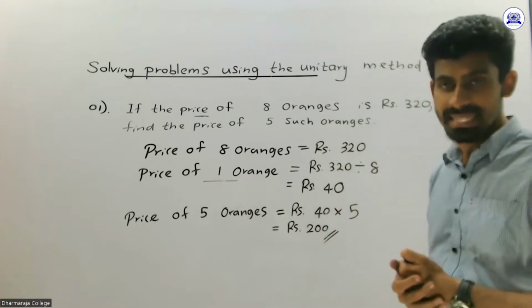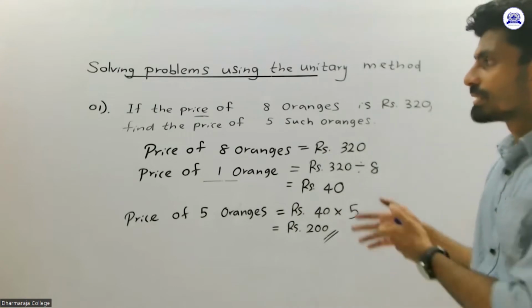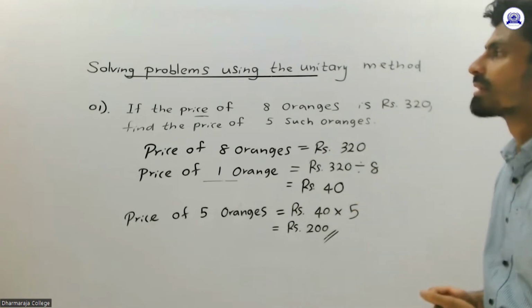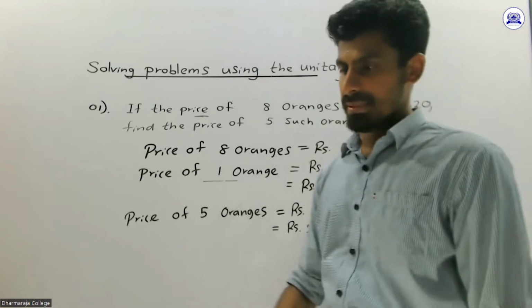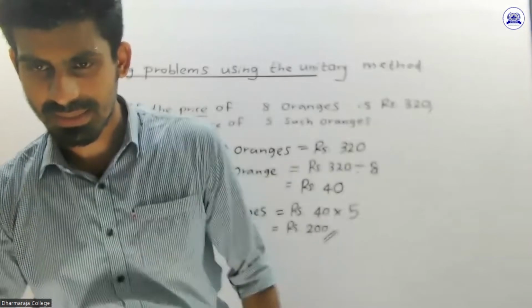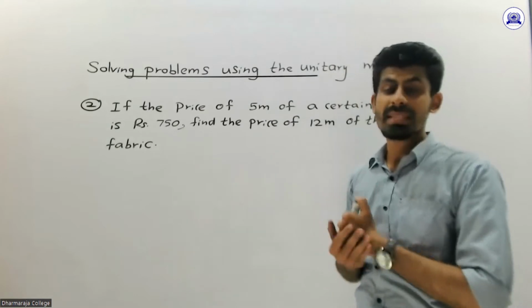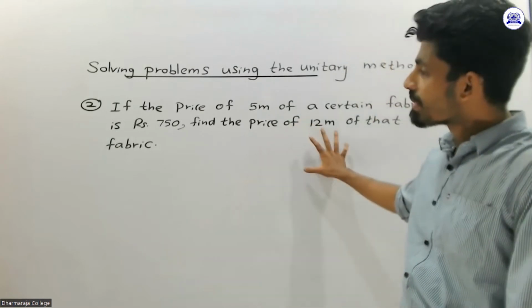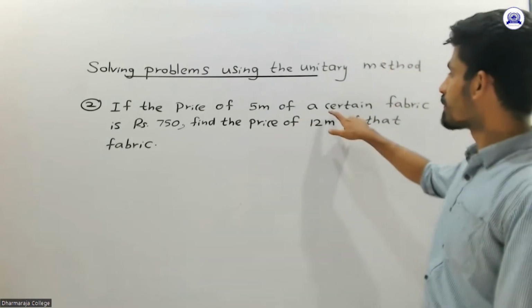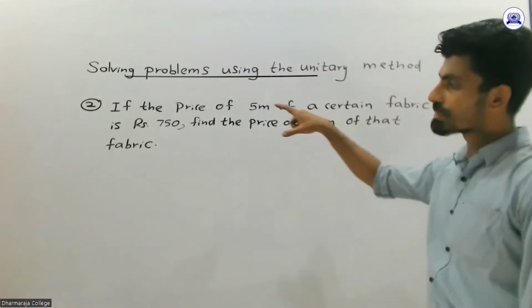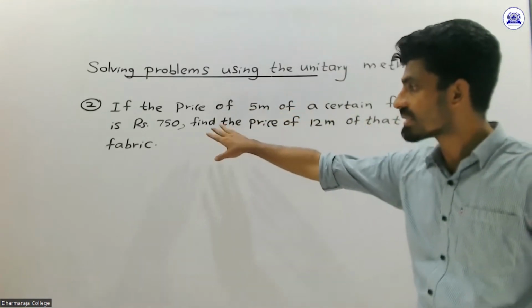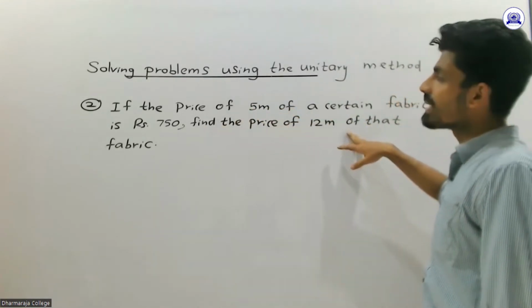Let's move to the second example, right? You can note it down. Look at the second example. If the price of 5 meters of a certain fabric is 750 rupees, find the price of 12 meters.